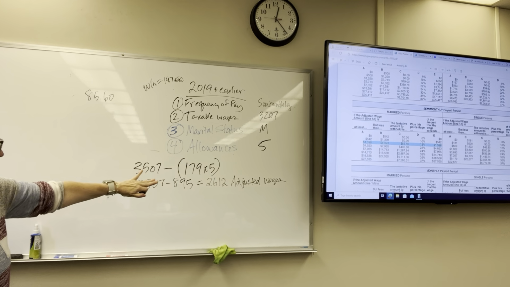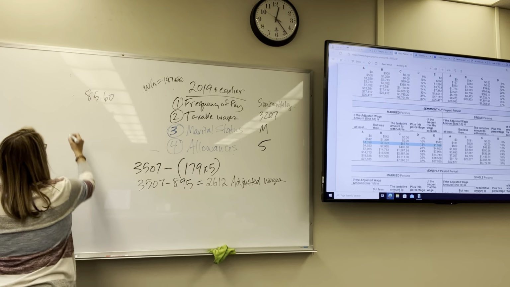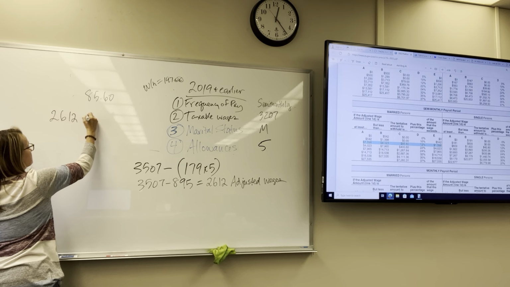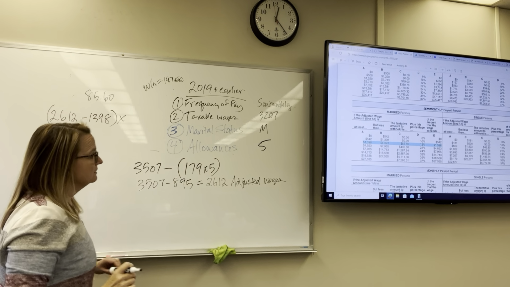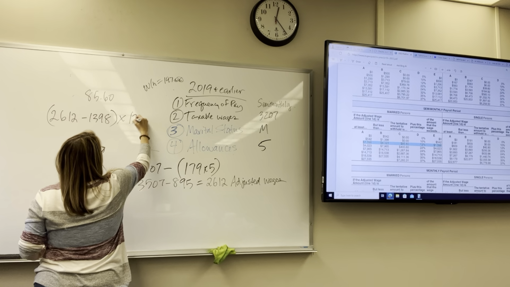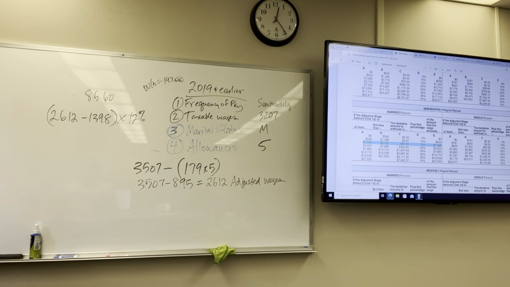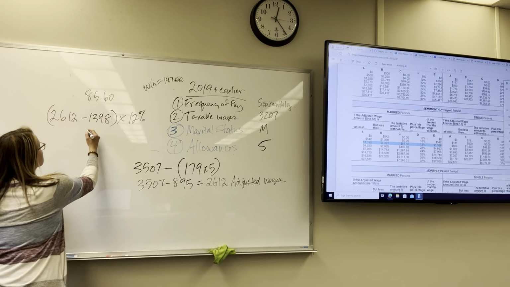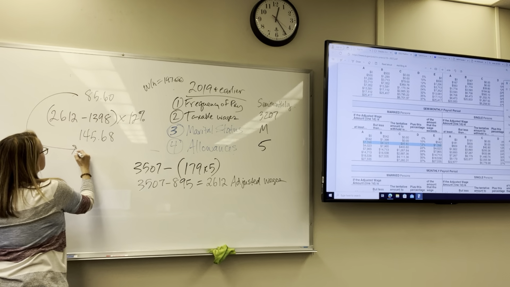We take our adjusted wages minus $1,398, and then multiply that by 12%. And we're going to add this.